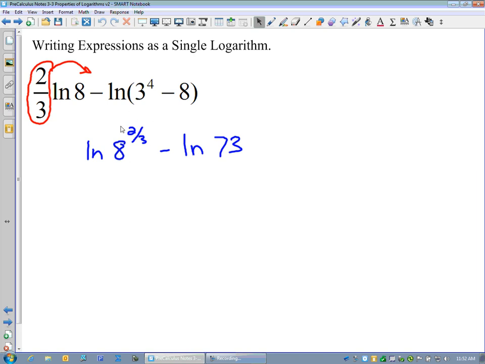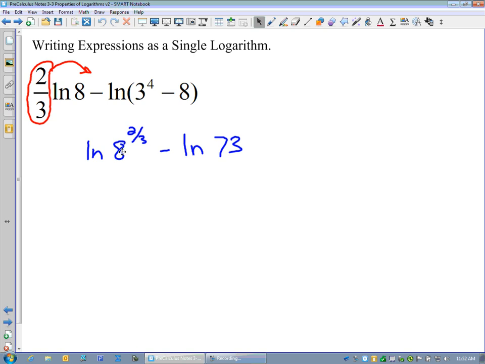Now, 8 to the 2/3 power, that can be simplified as well. Because, and this might be a little bit of review from Algebra 1, if you have a fractional exponent, then the numerator is the power, and the denominator is the root. So fractional exponents are always power over root. And you can do these in any order you want.